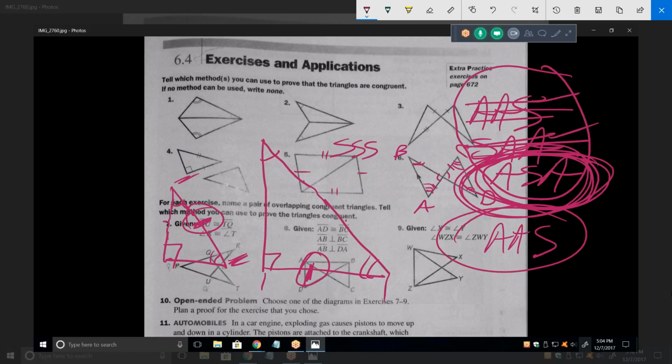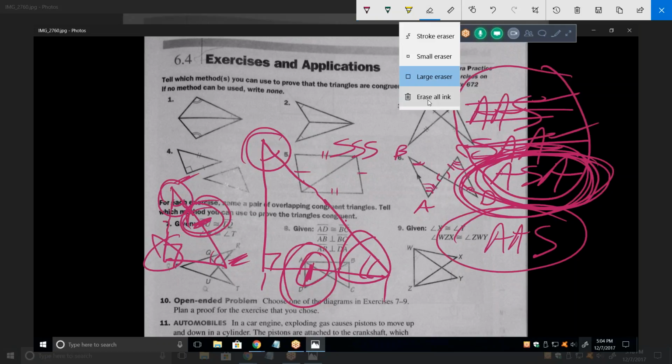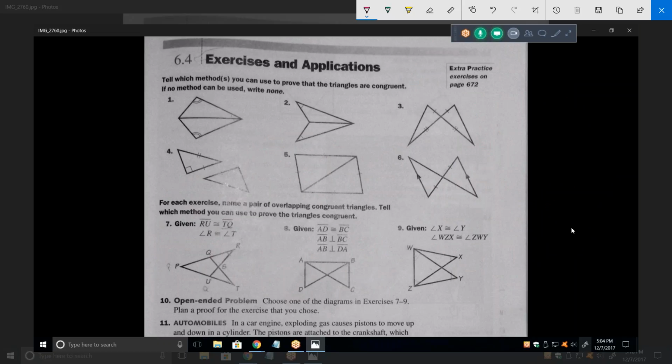I got angle, angle, side. This way, I got angle, angle, side. And those two are not congruent. So that's the one that gives most people the most amount of trouble, is the angle, angle, side when it looks like that should work.